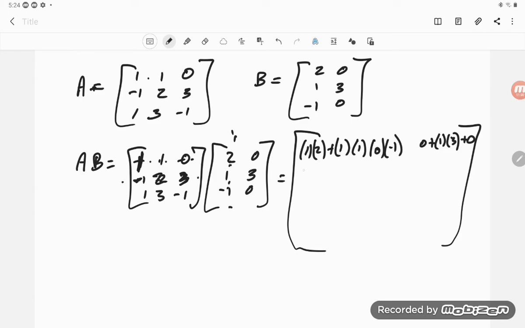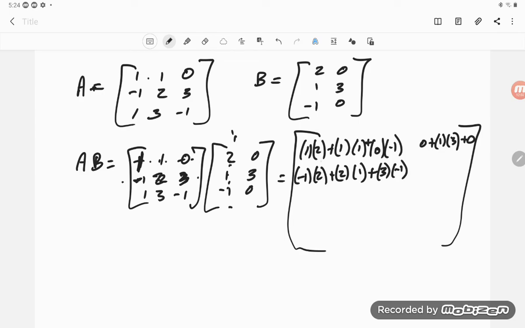So I take my negative 1 times that same 2 I did before, plus a 2 times that 1 here in the first column of B, and then plus 3 times negative 1.